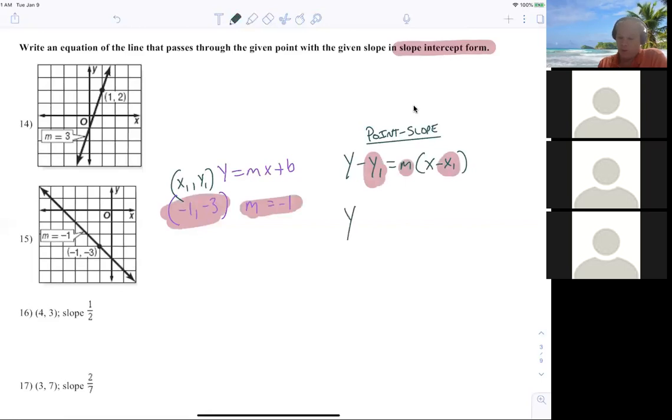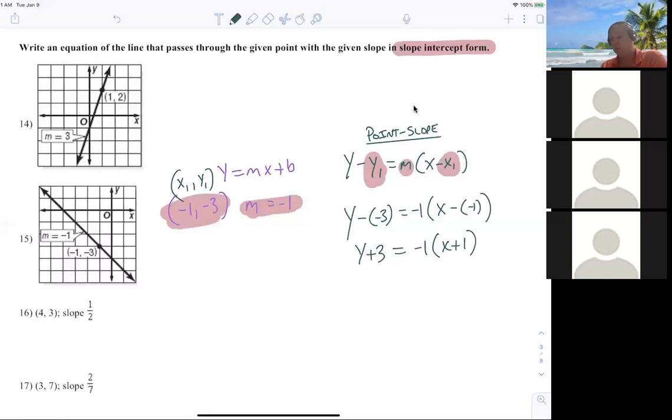So y minus -3 equals -1 times x minus -1. All right, so obviously you don't have to show all that work. I'm just making sure because it is a review. So the double negatives make a positive, so that's y plus 3 equals -1 times x plus 1.